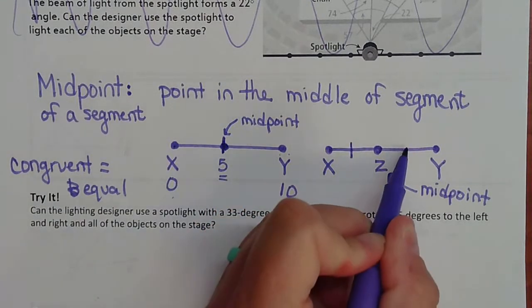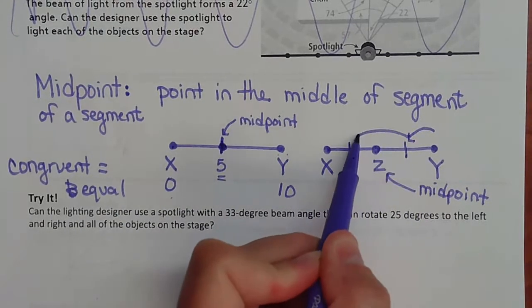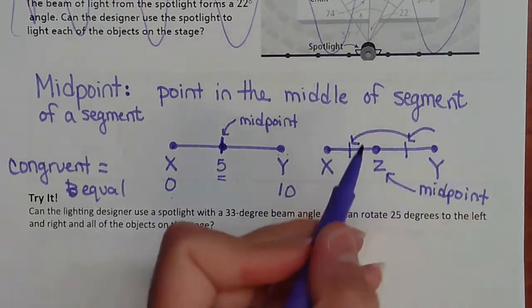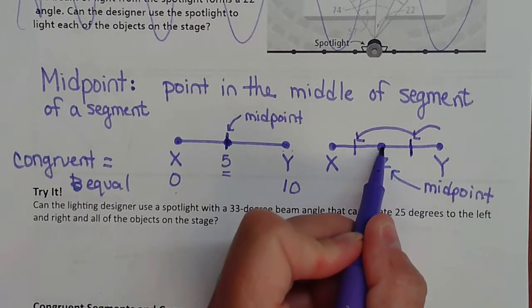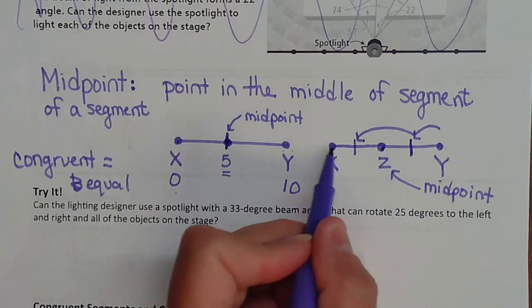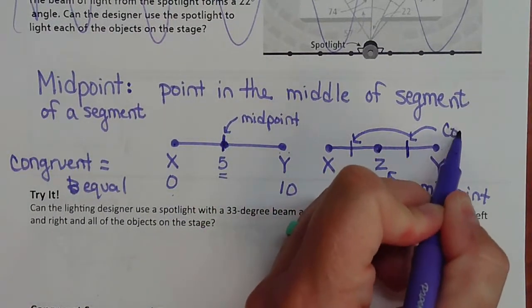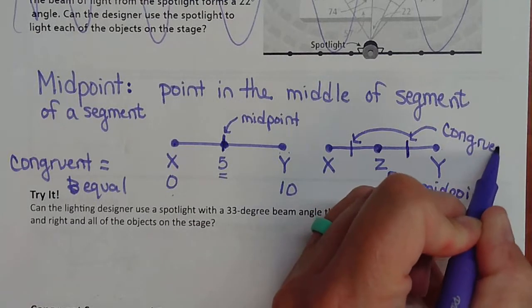They put these little dashes. These dashes right here tell anyone looking at it that this length from Y to Z is equal to or congruent to this length from Z to X. So that little marking right there means congruent.